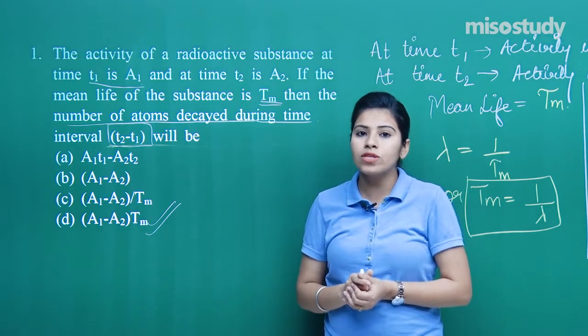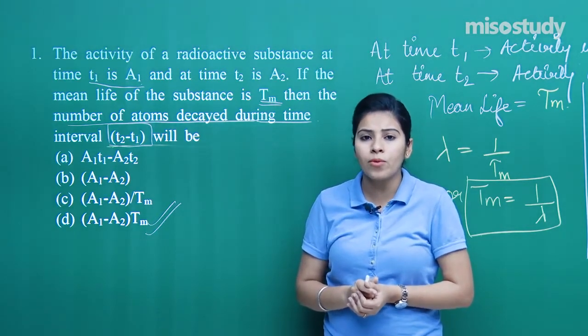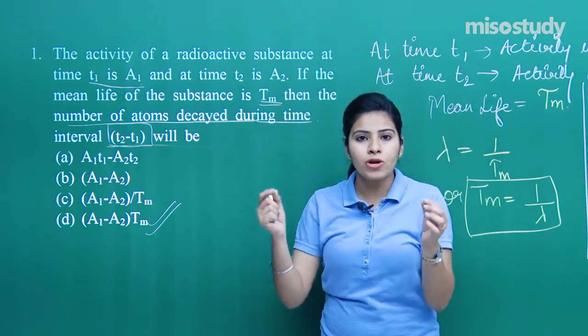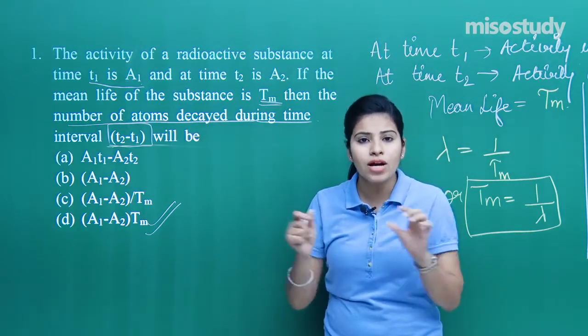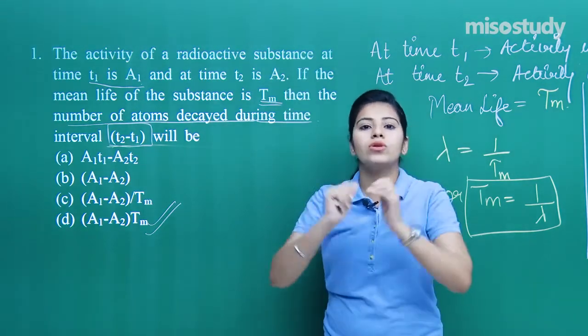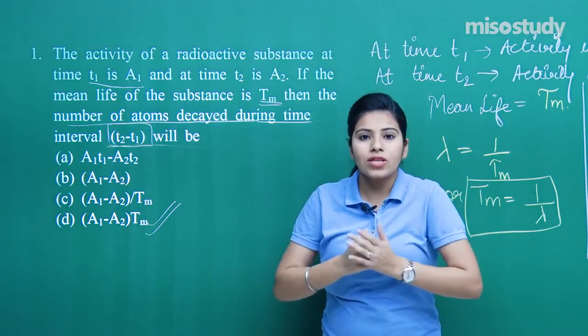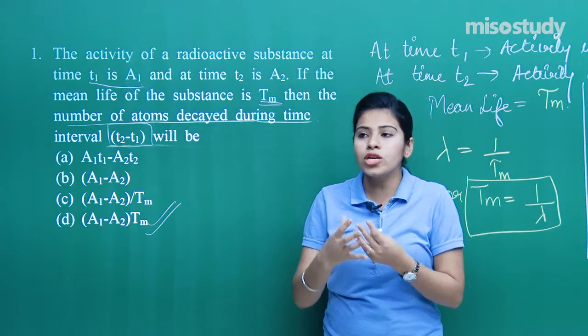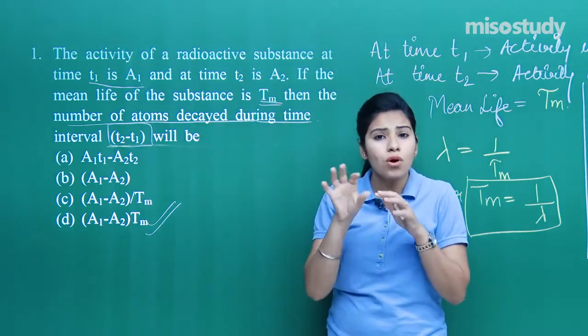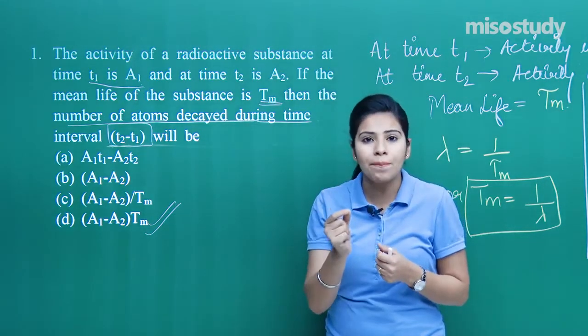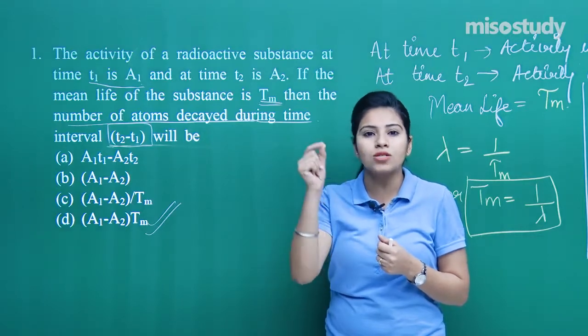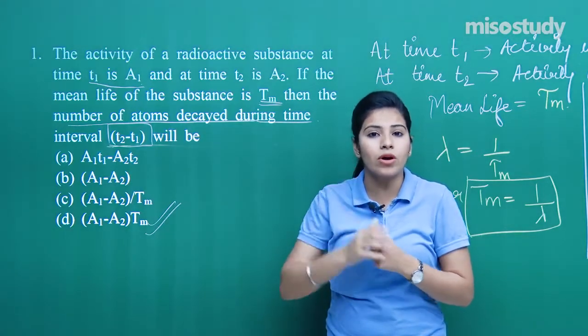I have told you in the previous lecture how to remember the formulas. Just make a paper note, write down all the formulas on it and paste it on the wall in front of your bed, so that whenever you wake up in the morning, you will see that page and focus on it. It might happen that one or two formulas will be remembered by you in the morning.